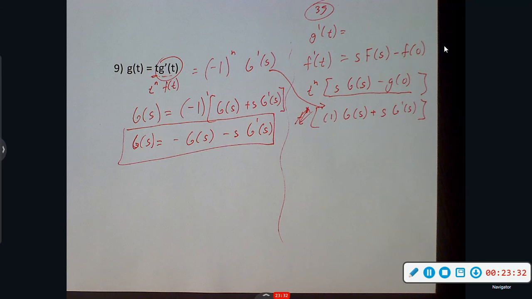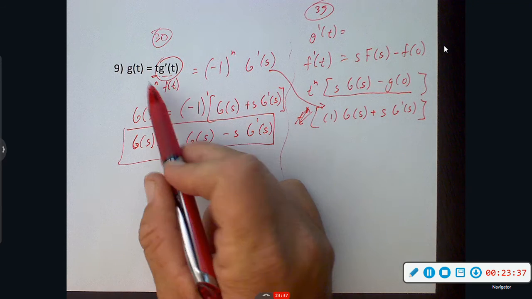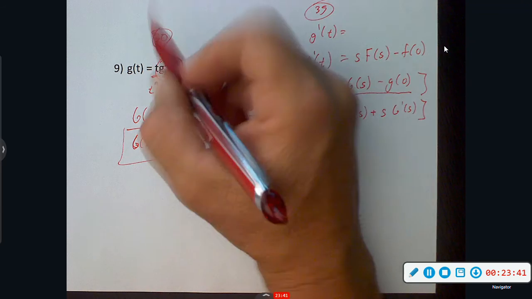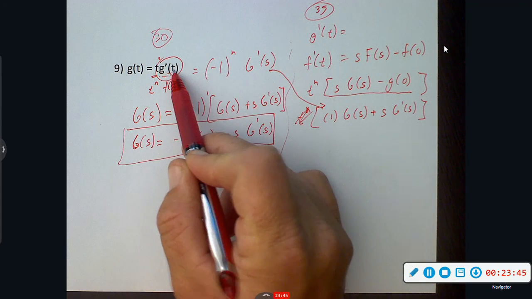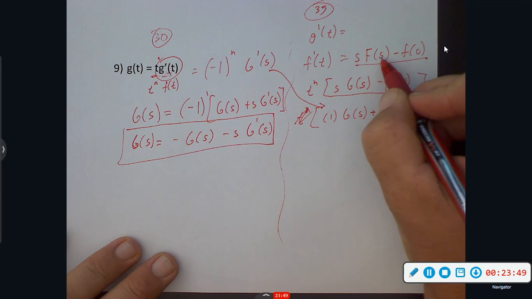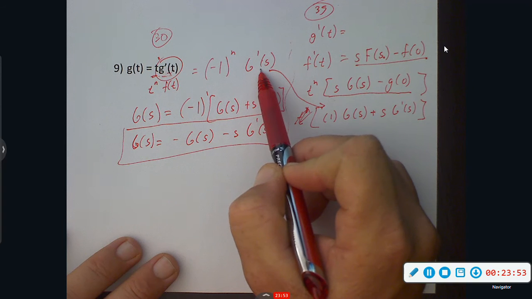So basically, you are using number 30 at the start, right? Because you have t to some function. That function, because it's the first, we need the derivative of that function. But that derivative equation is this. So we have to take the derivative of this to match g prime of s.